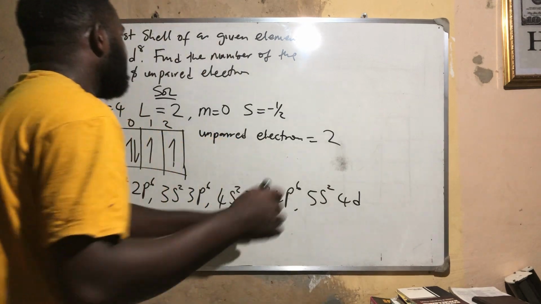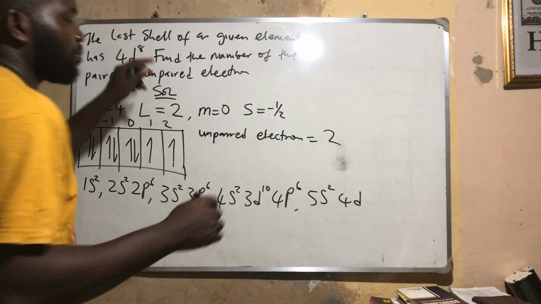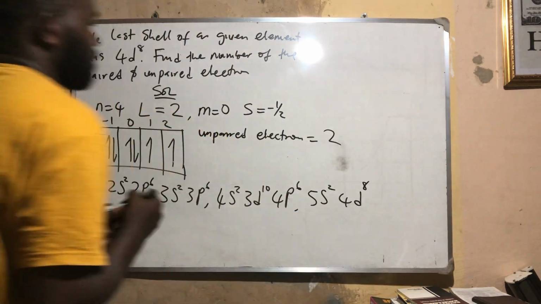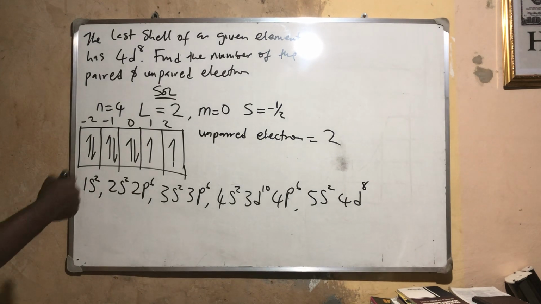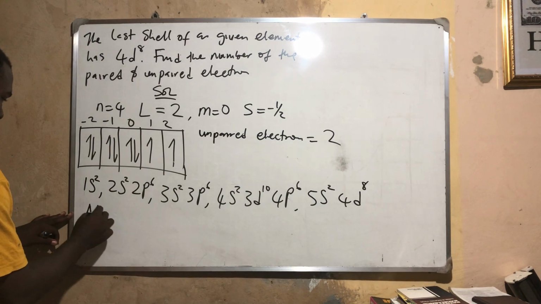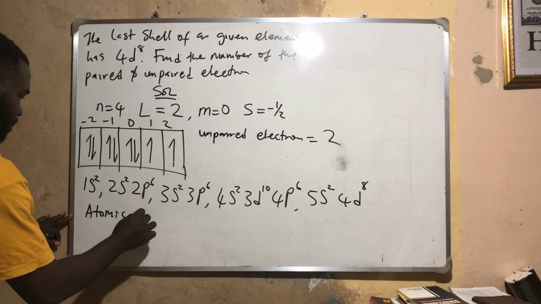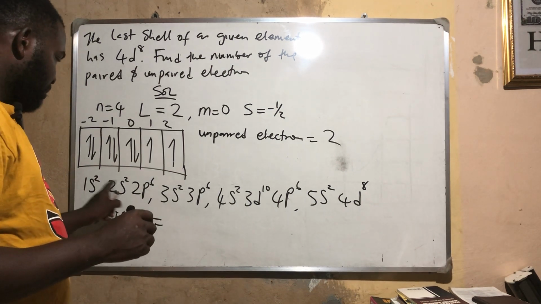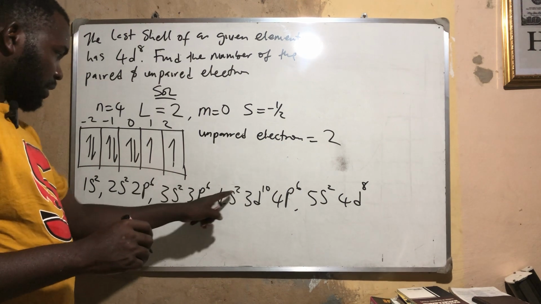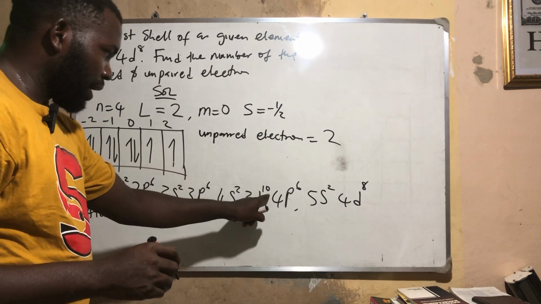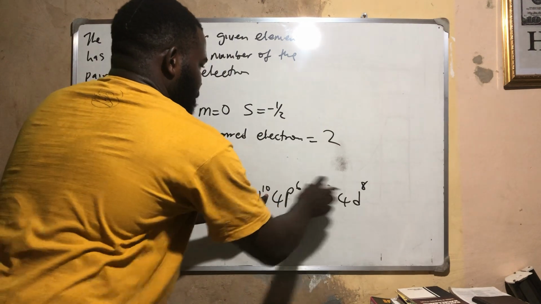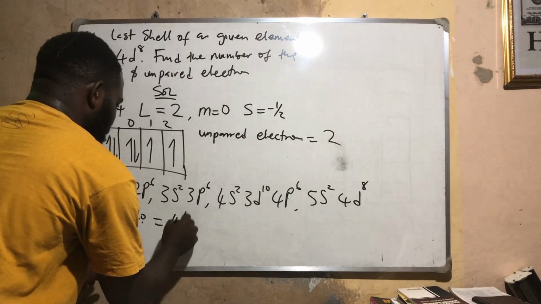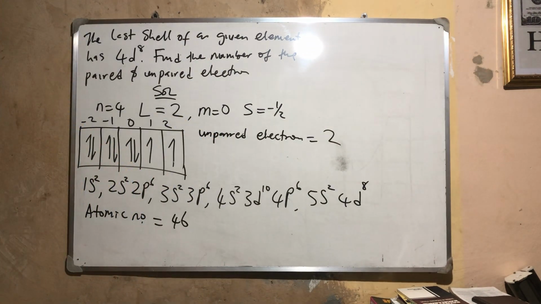It's supposed to be 4d10, but they said the electron stopped at 4d8. Now let us find the atomic number. From here to here is 10, from here to here is another 10, which is 20, 30. This 2 is 40, then 46. So it has 46 electrons.